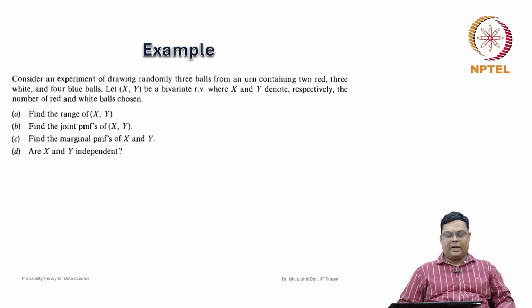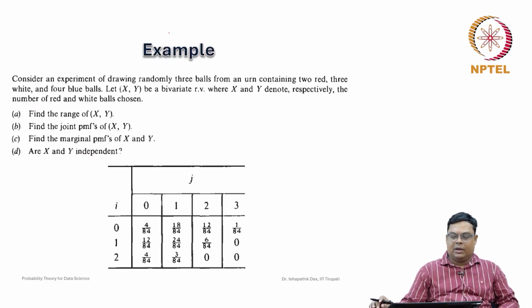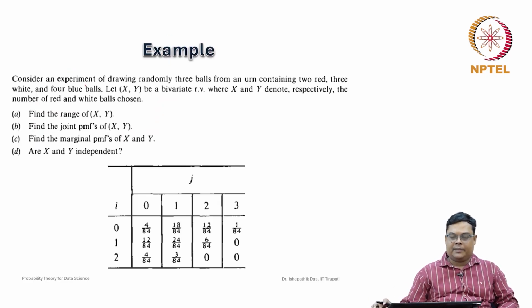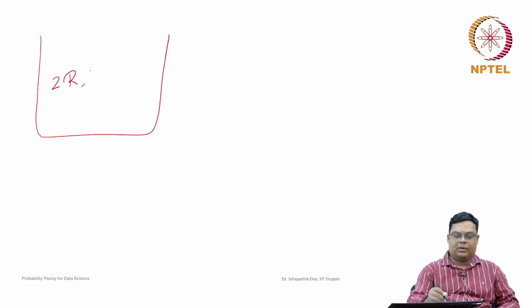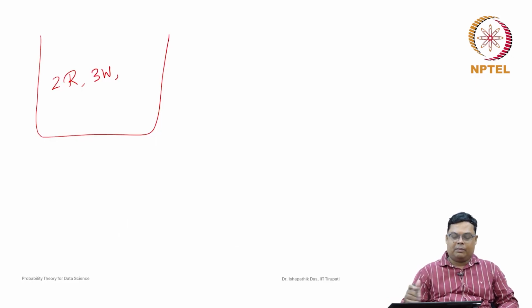So, basically there is an urn containing 2 red balls, 3 white balls and 4 blue balls. It is randomly mixed and the balls are equally likely to be drawn.